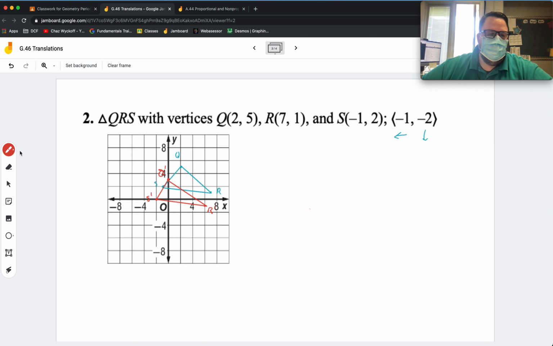Oh, I messed up on Q. Hold up. Q, left 1 would have been here, down 2 is here in the middle. So that's Q prime. And then R was left 1, down 2, which would be right here still, R prime.